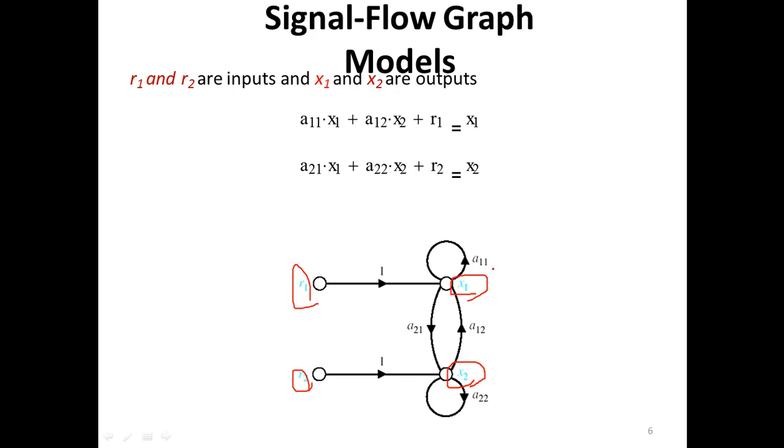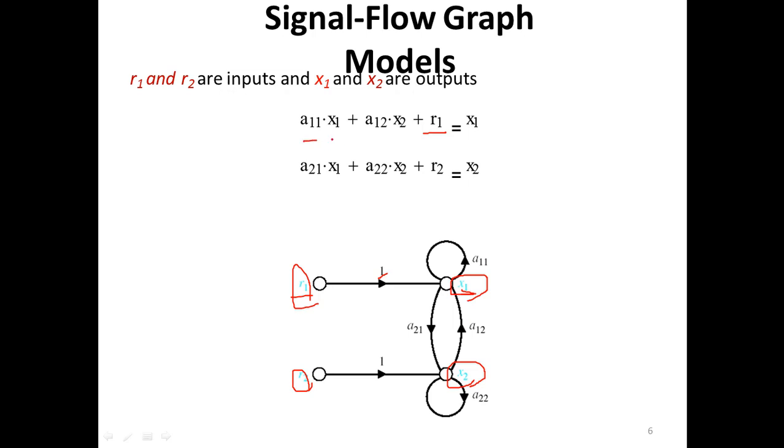If you want to find X1, it is nothing but R1 multiplied by 1. So R1 multiplied by 1 gives us R1, and A11 is multiplied with X2, because you can see that X2 is coming over here and it is multiplied by this A11.